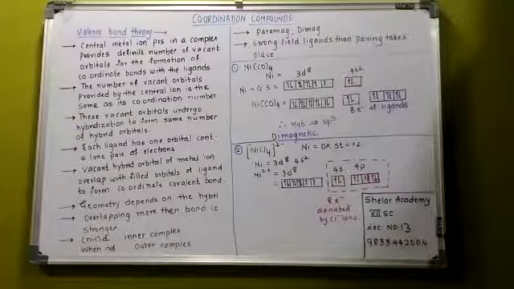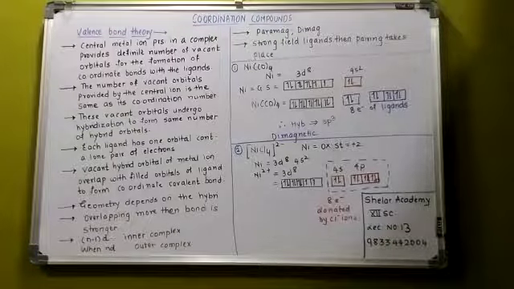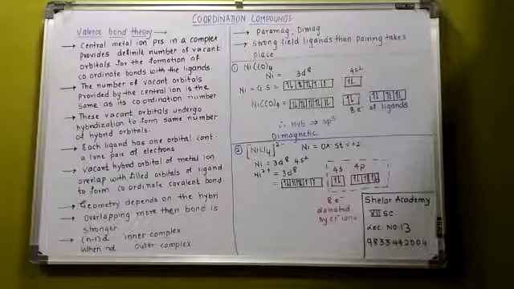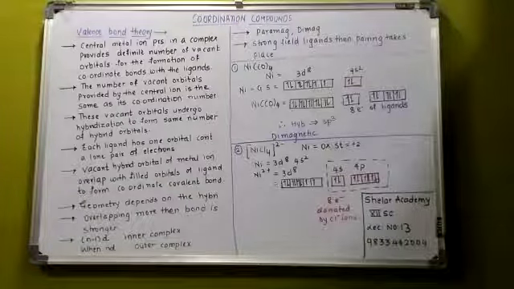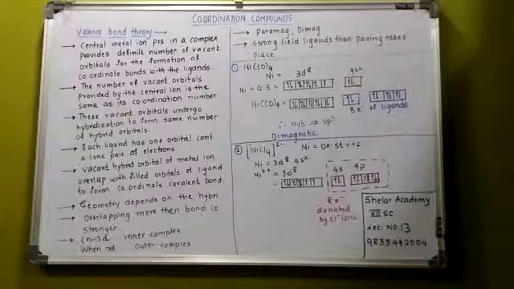Okay, the next, each ligand has one orbital containing a lone pair of electrons. अभी CO for example ligand है, तो एक CO के पास एक इलेक्ट्रॉन पेयर रहेगा, तो 4 CO के पास it will be 8 electrons, and 4 electron pairs will be donated by the ligand to the central metal atom.